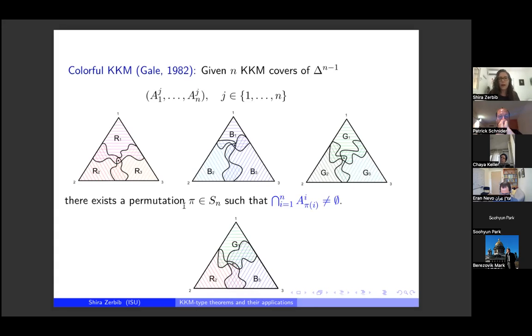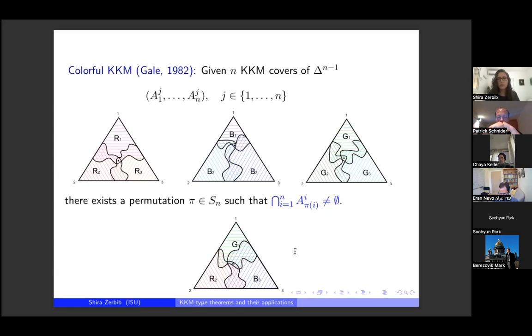So we can find a permutation pi of n elements such that the intersection of A_i^{pi(i)} is non-empty, where the A_i^j are our KKM covers. So I index by this little j here the different KKM covers that I have, between 1 and n.